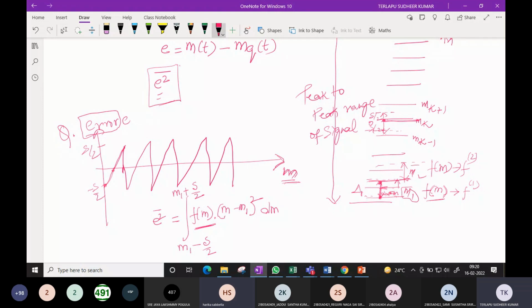Similarly, I need to get the quantization level m2 also. So plus m2 minus s by 2 to m2 plus s by 2, f of m minus m2 whole square dm, and so on.